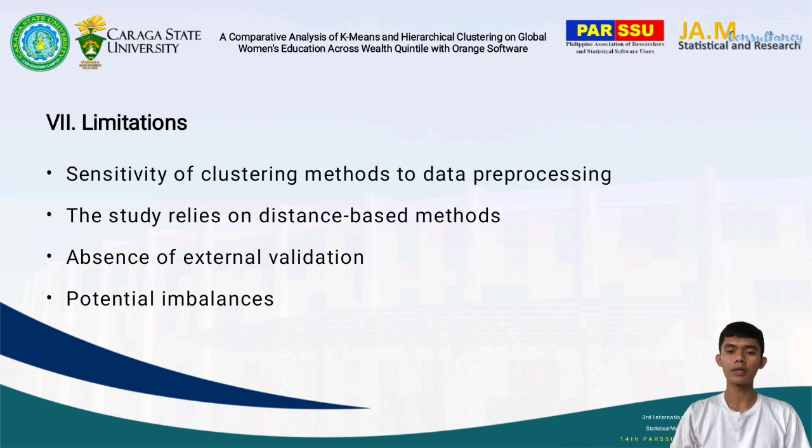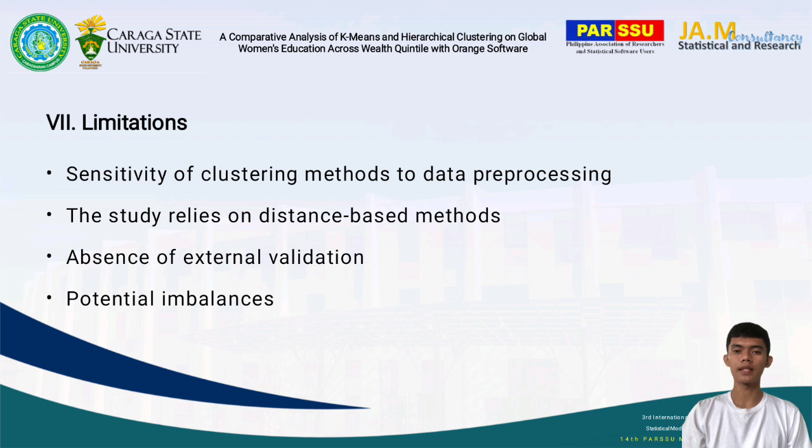The primary limitation of this study is the sensitivity of clustering methods to data pre-processing such as standardization, which can significantly alter results and complicate comparisons. Variables with larger scales, such as the highest quintile and fourth quintile, may dominate the clustering process, especially in hierarchical clustering when the data is not standardized.